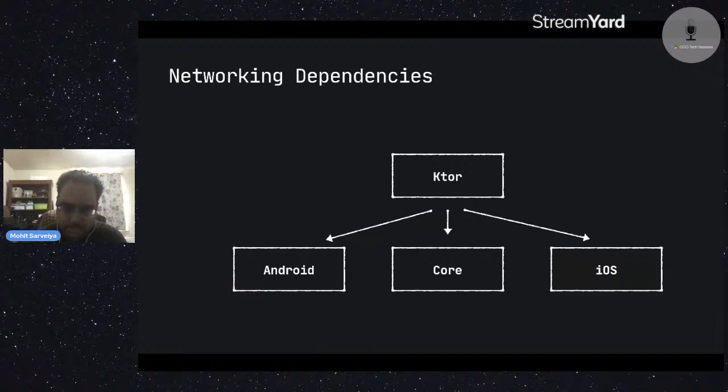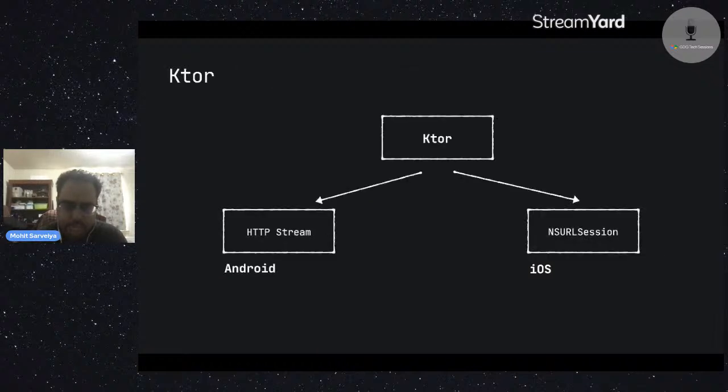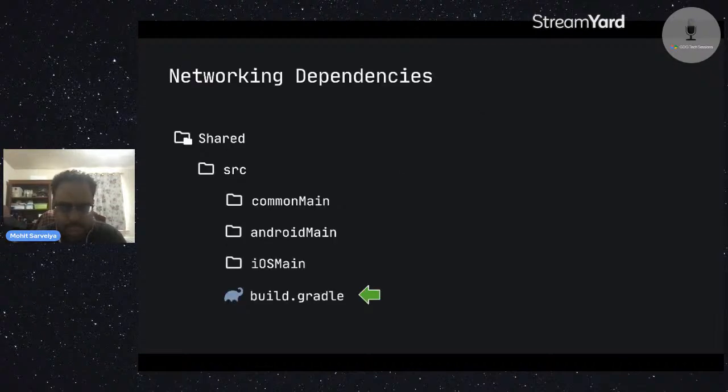It knows what to use. So on iOS, it's going to use NSURLSession internally to handle requests and HTTP streaming, and on Android for JVM. So how do you add dependencies in your shared module?